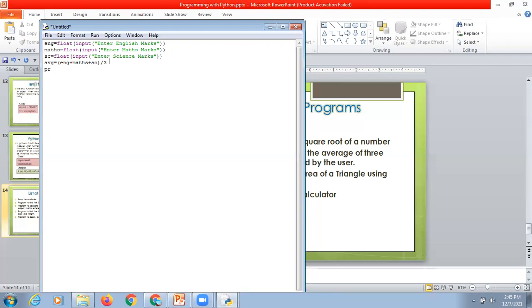We print the average of 3 subjects is AVG.